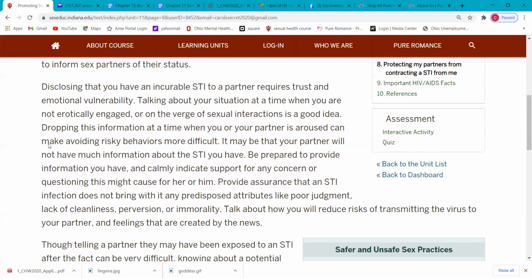Talking about your situation at a time when you are not erotically engaged or on the verge of sexual interactions is a good idea, right? Dropping this information at a time when you or your partner is aroused can make avoiding risky behaviors more difficult.